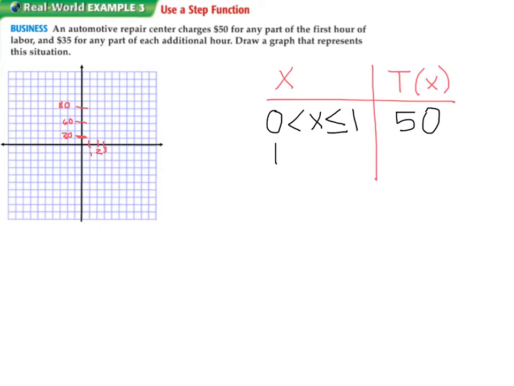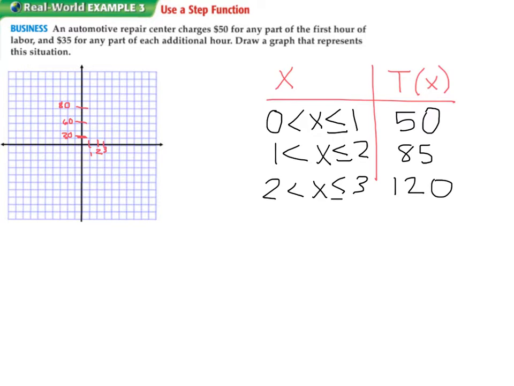So if it's between 1 hour all the way up to 2 hours, so x is going to be in between 1 and 2 hours, we know they're charging us the 50 plus a 35, which is going to give us a total of $85 that they're charging us. Then if we look at x being between 2 and 3, we know that they're going to charge us the $85 plus another $35 for that next hour, which is $120.